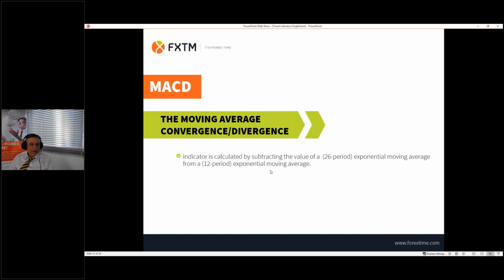The difference between the two is what we call MACD, or moving average convergence divergence. And then we have another line, which is a 9-period simple moving average of the MACD itself, called the signal line. Don't worry, guys, I will show you the picture just now.